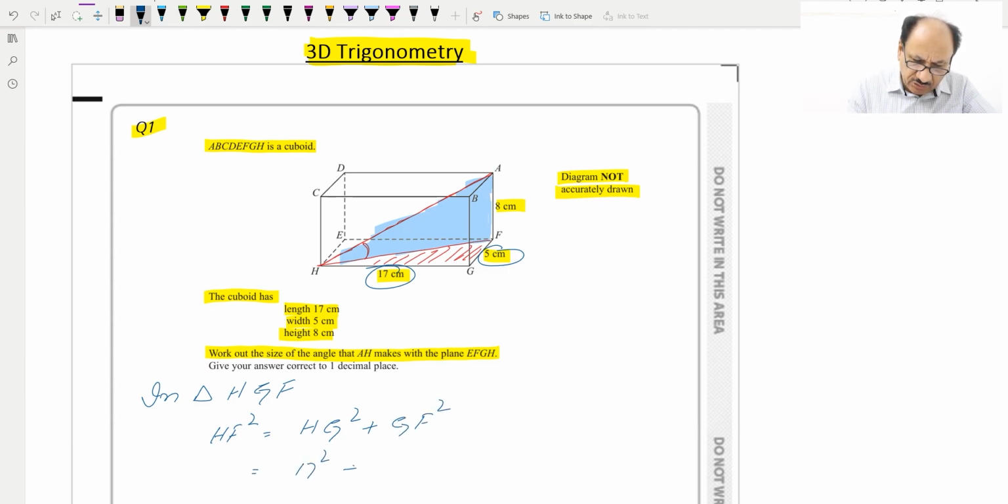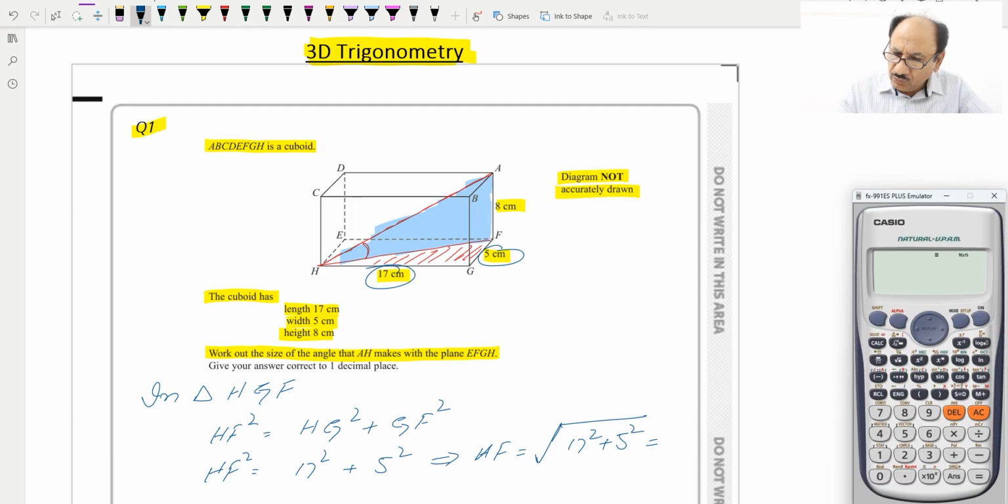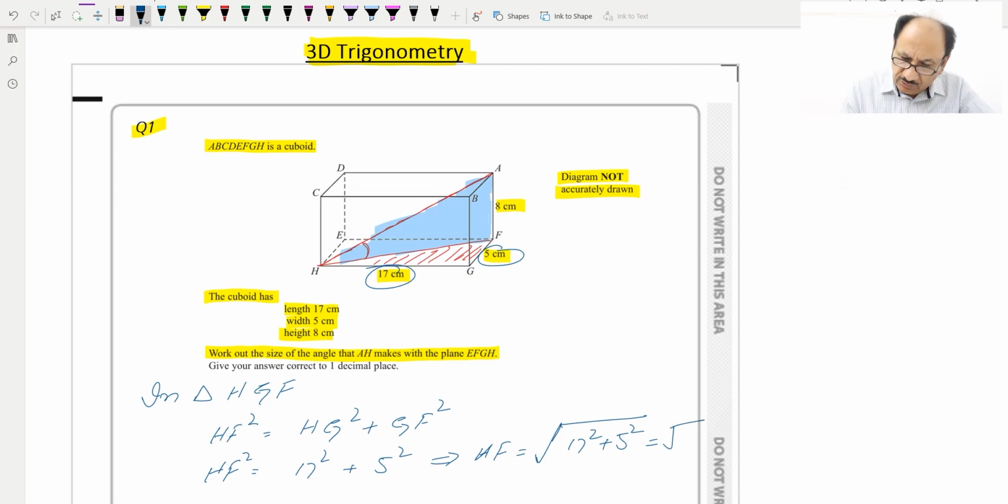This will be 17 square plus 5 square, and this implies HF will be equal to square root of 17 square plus 5 square, and this is giving us square root of 314.